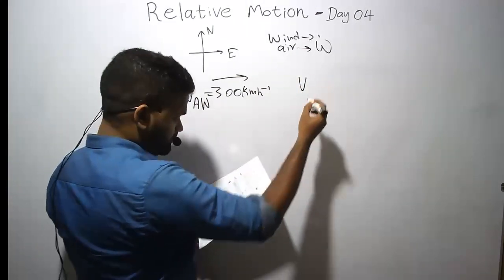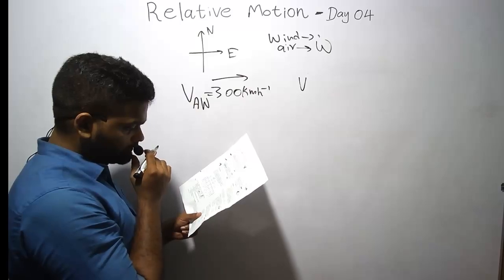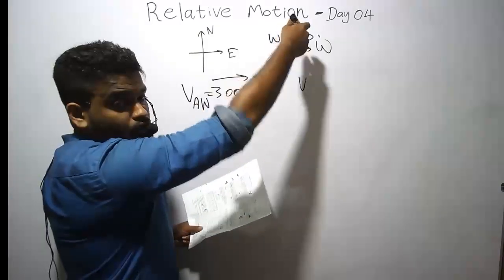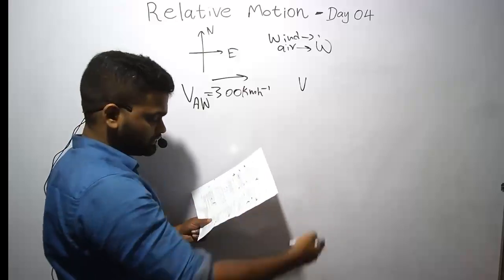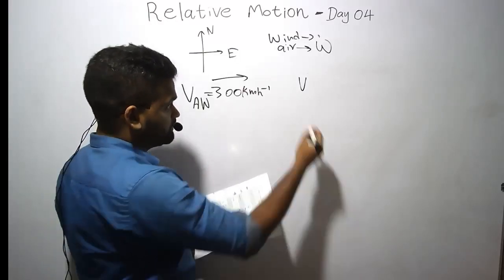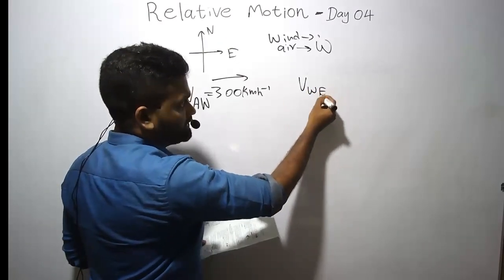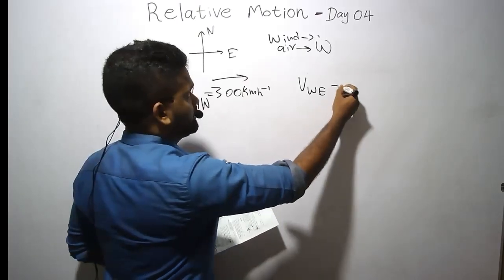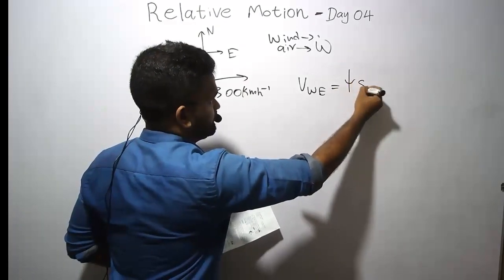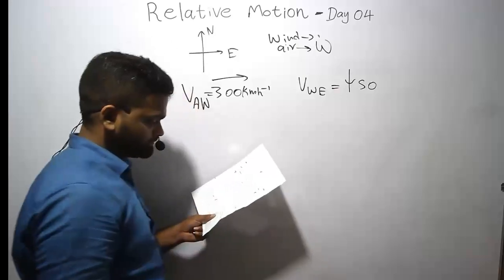And it encounters a wind blowing from north, not towards north, it is from north. Velocity of wind is relative to earth, right? From north, 50 kilometers per hour.